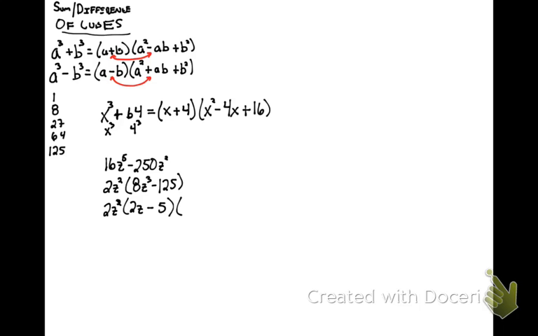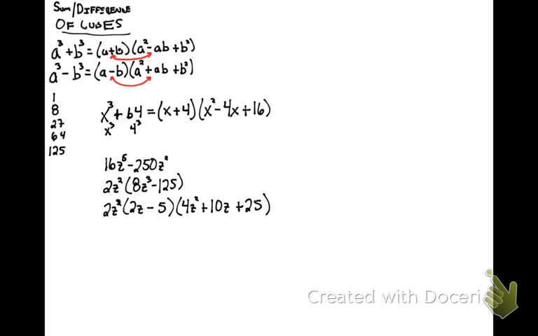Well, a in this case is 2z, so 4z squared, minus, or this will be plus 10z, a times b, plus 25, b squared.